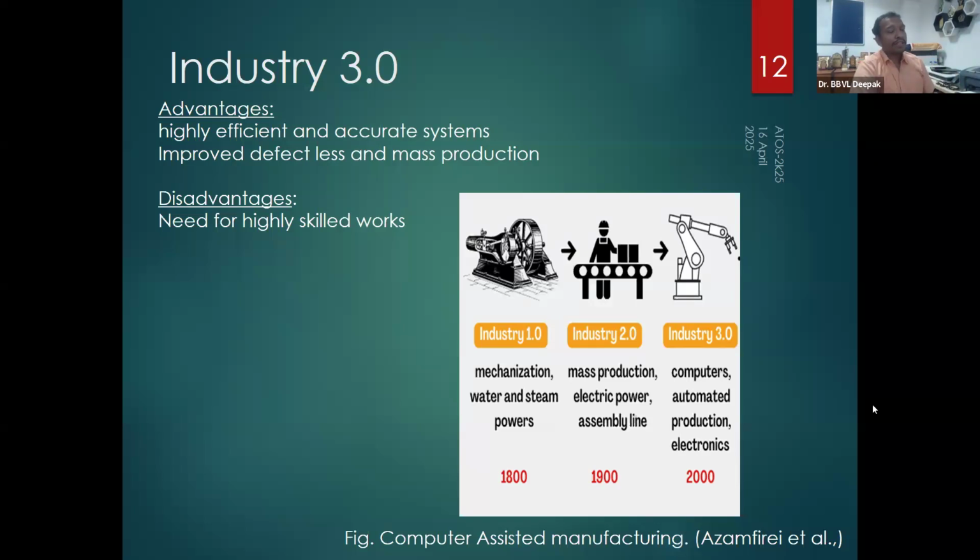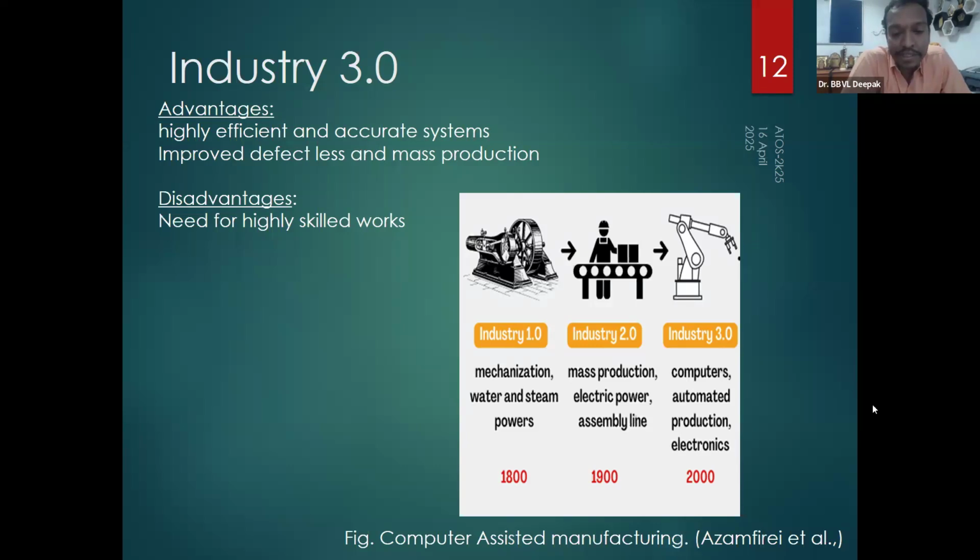Of course, what extra do we require? Of course, we are achieving the work by this industry 3.0, but what does it need? It needs skilled workers or skilled labor. It means that the user or the worker who is operating these devices like robots or CNC systems has to have knowledge of operating the machines.